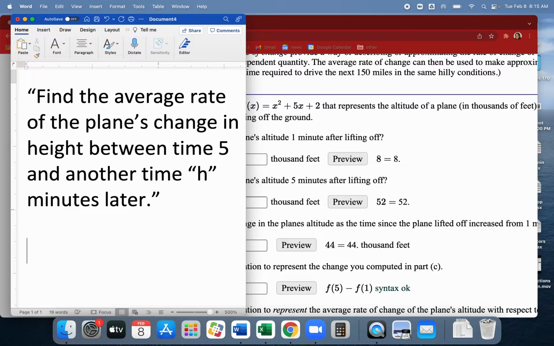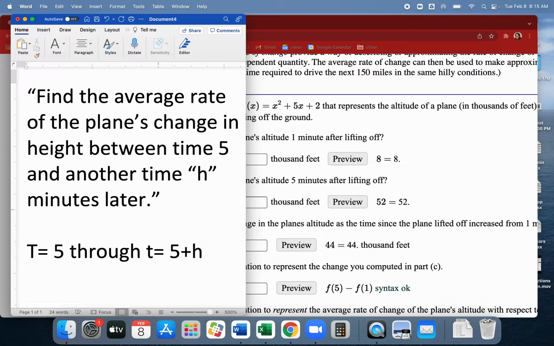So h minutes later than time 5. Let's call it 5 plus h, whatever that is.